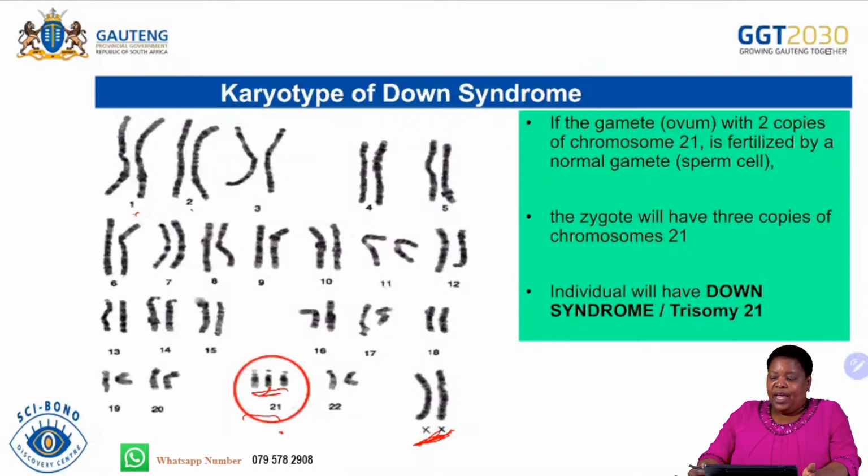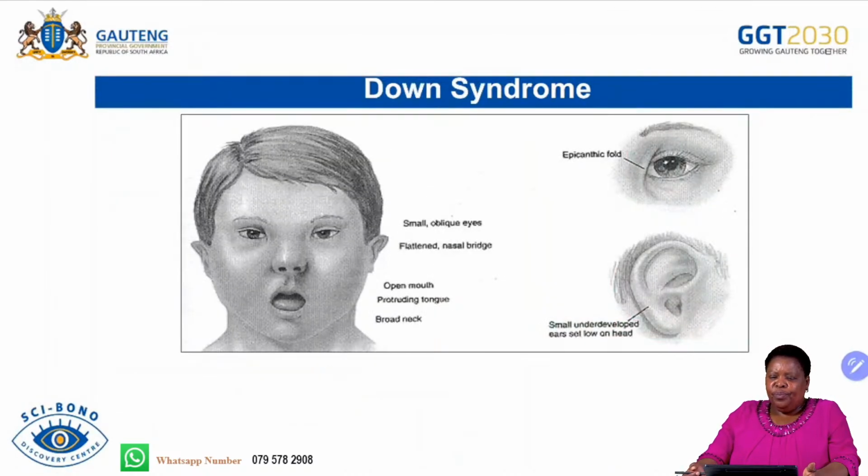Down syndrome, and the other name for Down syndrome is trisomy 21, because we've got 3 chromosomes on pair 21. Now, people with Down syndrome, girls and boys, we really need to embrace them because it is not their choice. They did not choose to have this genetic disorder. So Down syndrome is a genetic disorder.